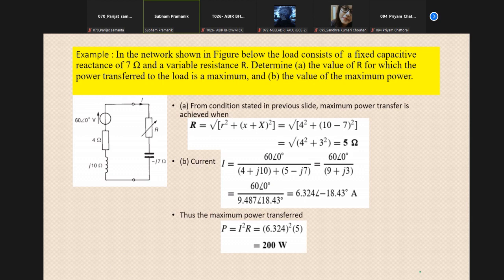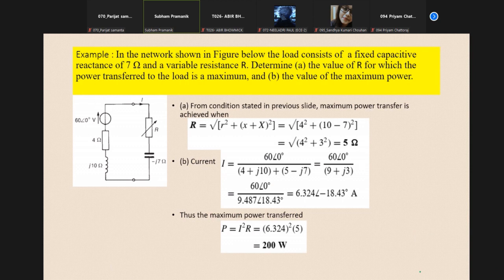See that in the network shown, the load consists of a fixed capacitive reactance of 7 ohm and variable resistance R. You see, resistance is variable, the reactance value is fixed. Determine the value of capital R for which maximum power will be transferred, that is, power transfer to the load is the maximum.